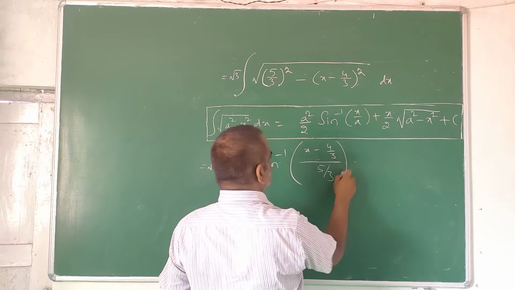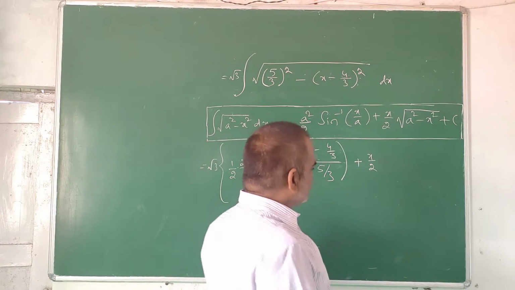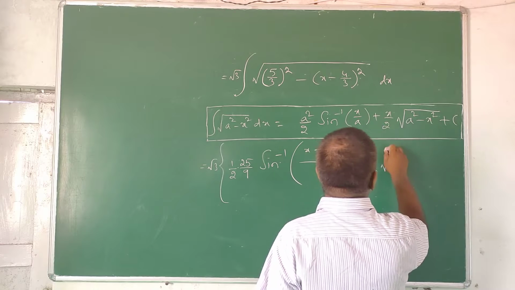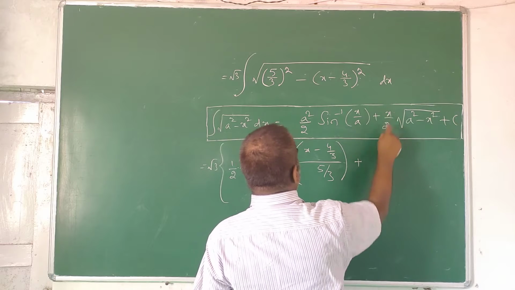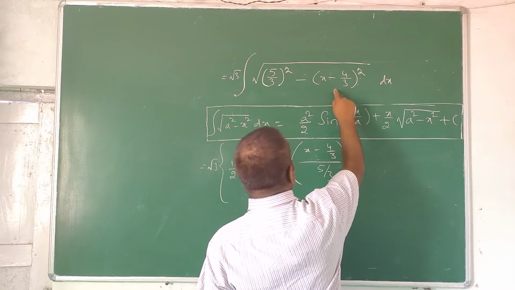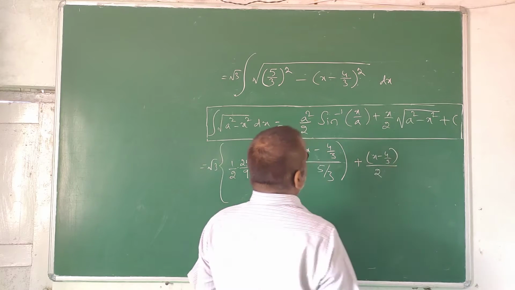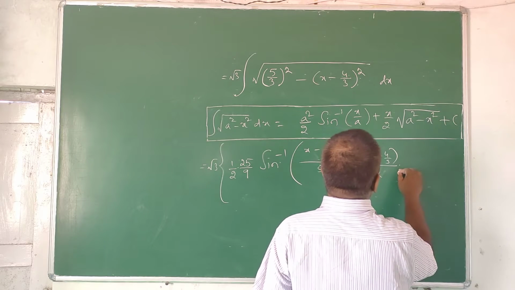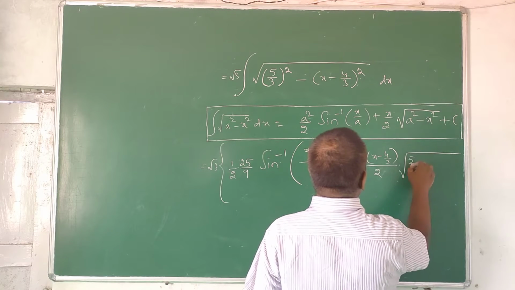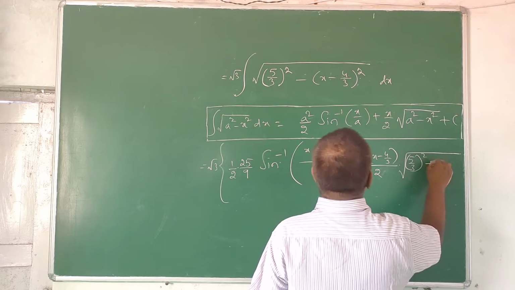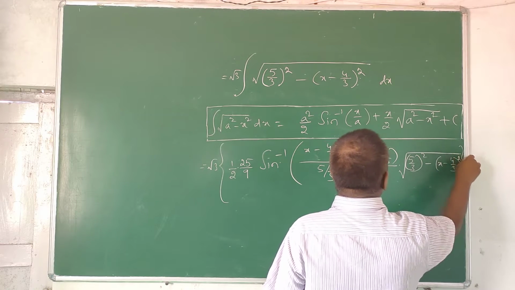Bracket close, plus x by 2 into root over. In the formula we have x by 2. What is x? X minus 4 by 3. So x minus 4 by 3 by 2 into root over a square minus x square, which is 5 by 3 whole square minus x minus 4 by 3 whole square, bracket close, plus c.